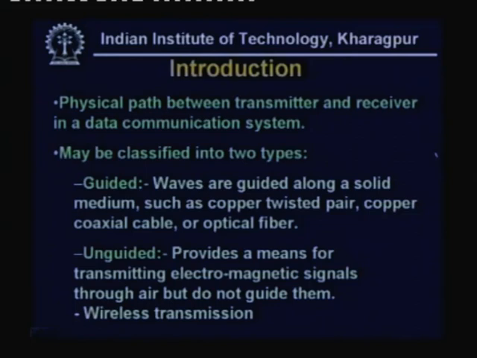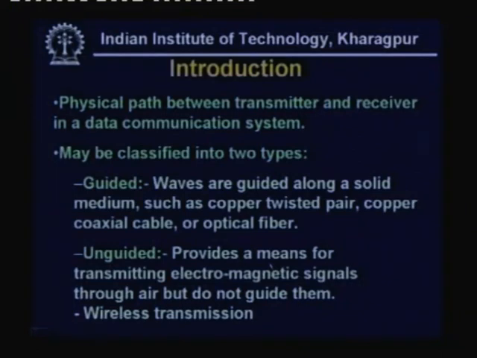As I mentioned in the earlier lecture, the communication media provides the physical path between transmitter and receiver in the data communication system. As you know, it can be divided into 2 broad types: guided transmission media and unguided media.